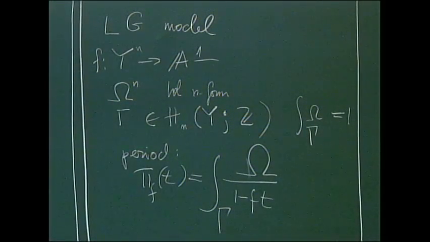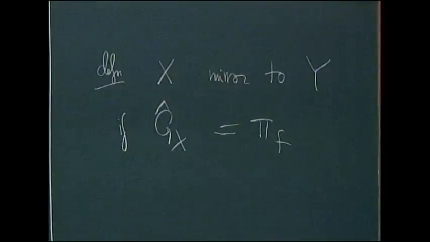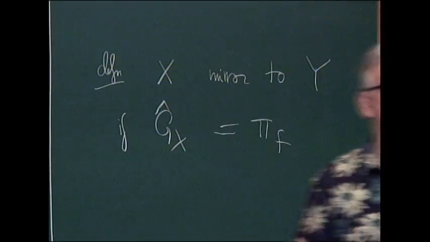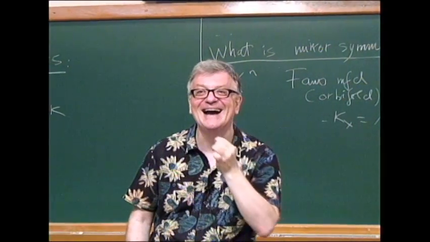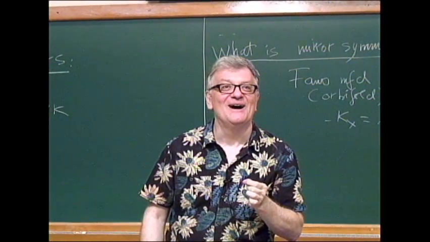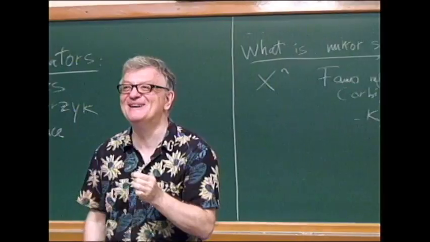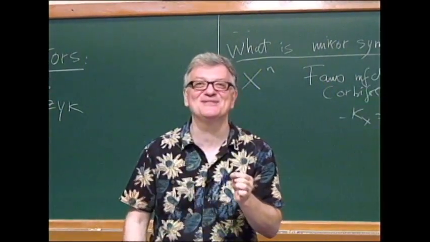Later, in my life, Y will always be taken to be a torus, C star to the n. Any other questions? I'm looking at you. I want to see happy faces.